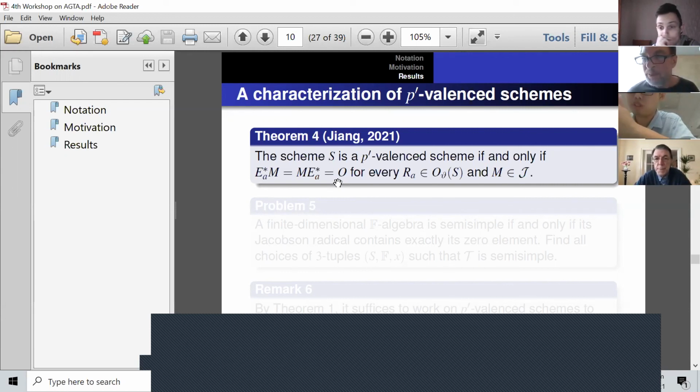If you want to consider the Jacobson radical for the modular adjacency algebra, it seems to be a little difficult. I don't know, I never considered such a question.